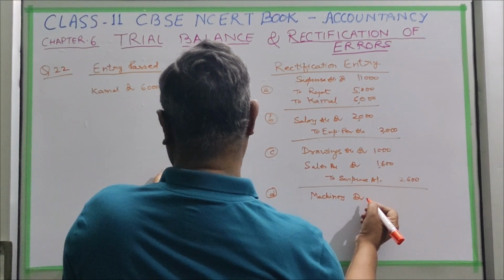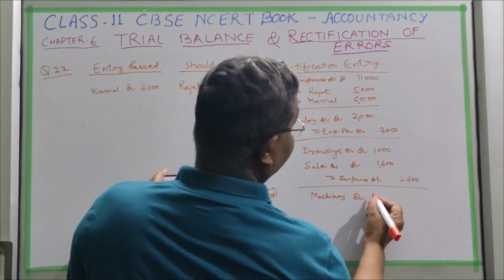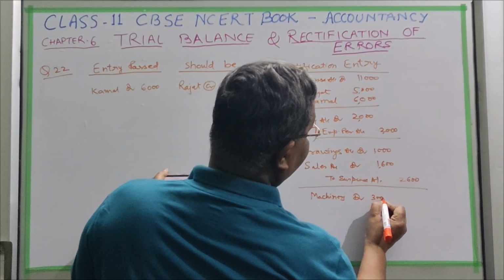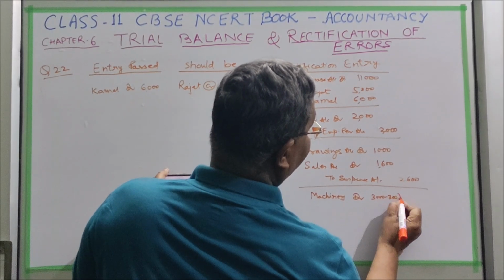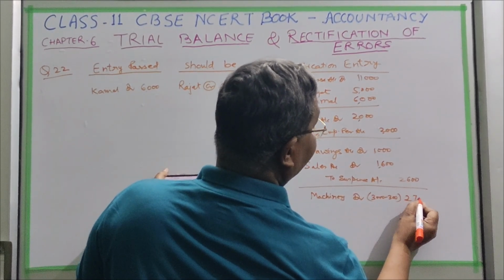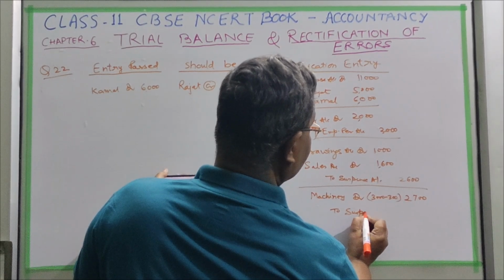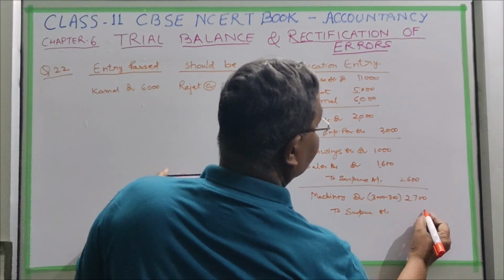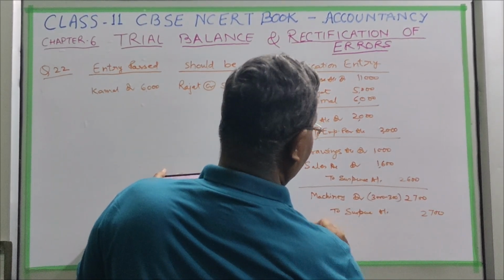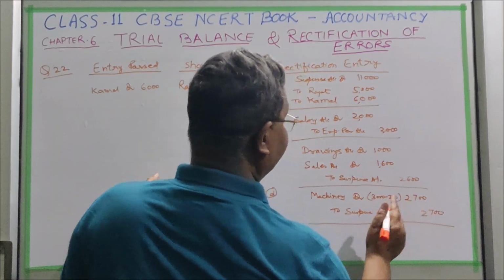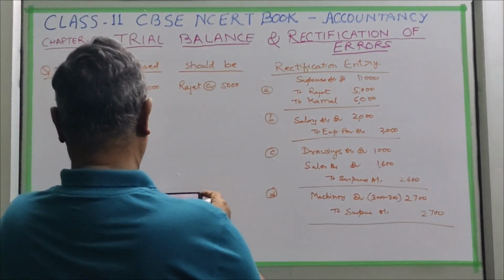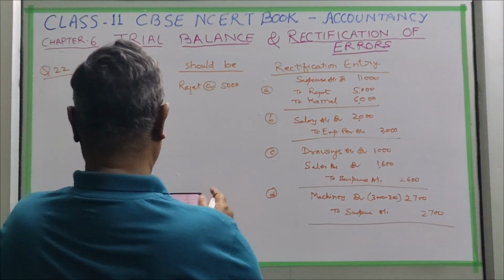Previously you have debited 300, so instead of 3,000, 3,000 minus 300, so 2,700, and credit to suspense account 2,700. The account not known is credited to suspense account. Then CDE.